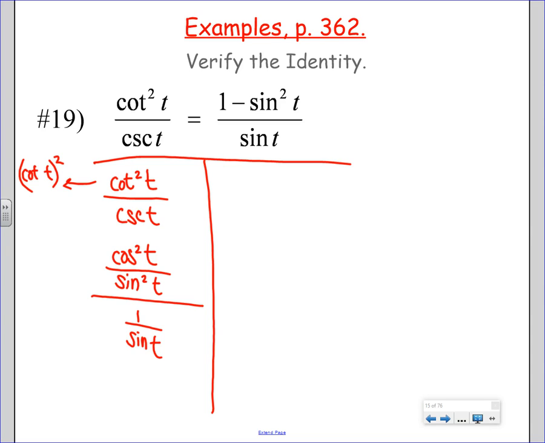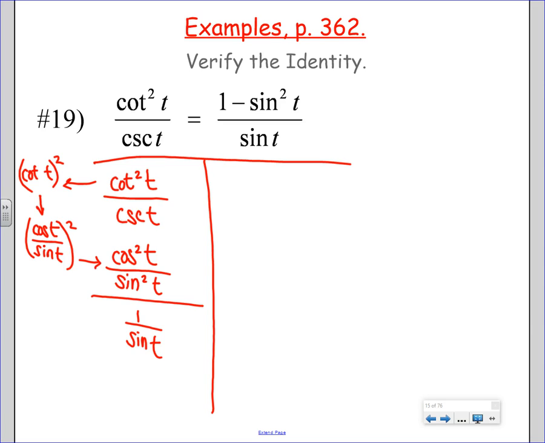So I did the quotient property, cosine over sine, and I brought the square back in for the notation. Do you guys need to see how I got this one? I took my cotangent, used the quotient property, and then brought the squared back in.